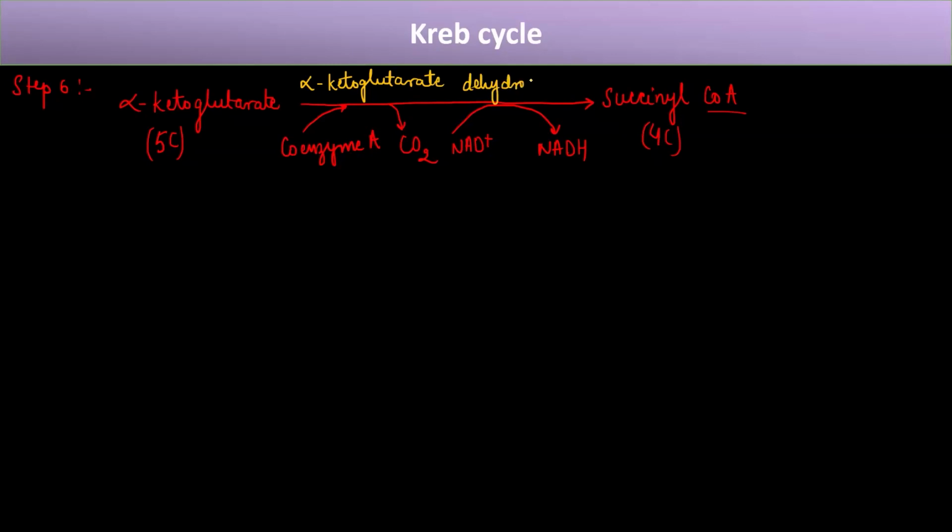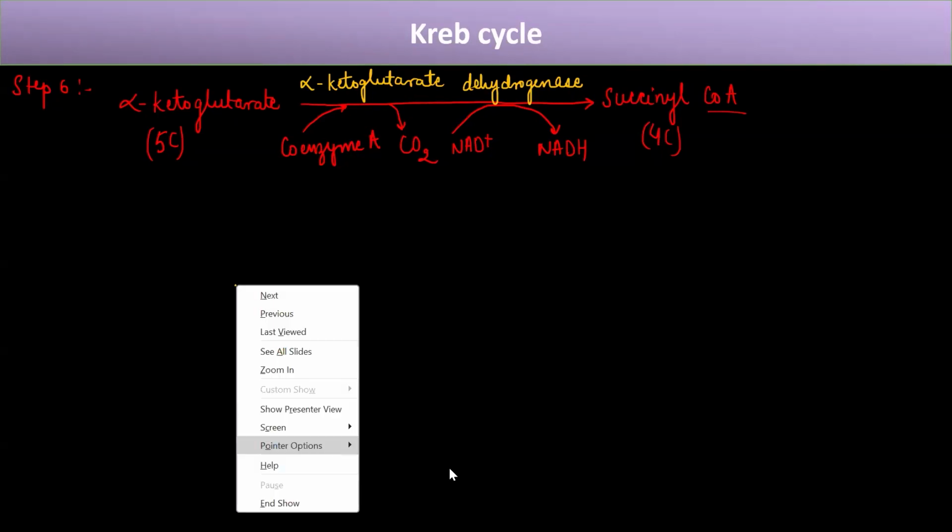This enzyme catalyzes the reaction where the 5-carbon molecule is converted into a 4-carbon molecule, and finally the carbon dioxide that enters in the form of acetyl CoA gets released. Okay, so this is step 6.